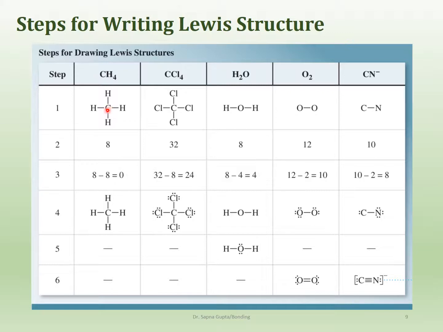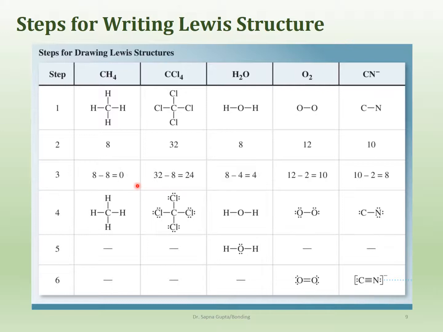Again, you cannot draw everything in a line. As I said, keep it symmetrical and compact. So this is a nice compact symmetrical structure with carbon in the middle and 4 hydrogens on the side. Then the total number of valence electrons is 8. How? 4 coming from carbon and 4 coming from hydrogen.